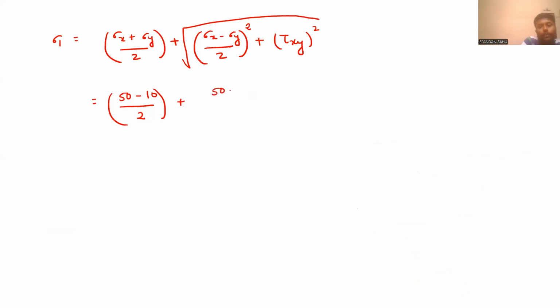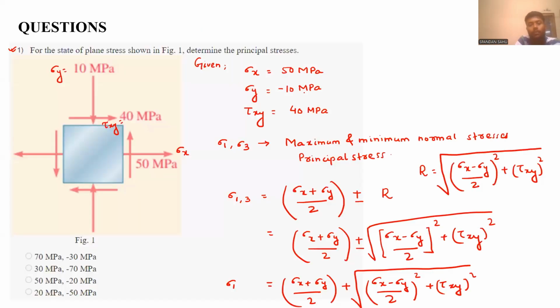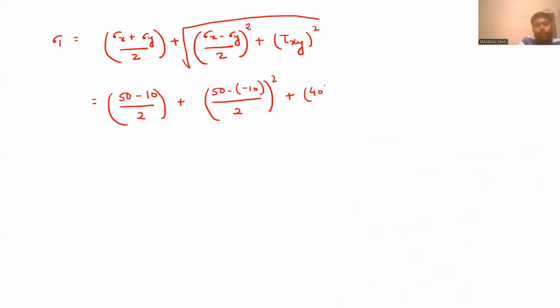50 minus of minus 10 will be plus 10, square plus 40 square, and that will be under root.